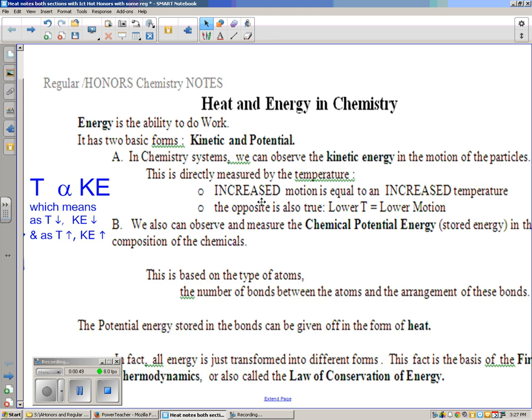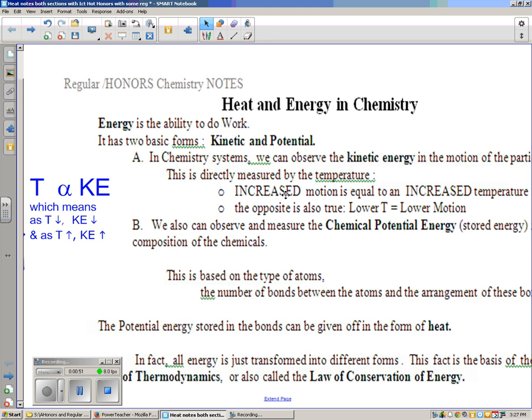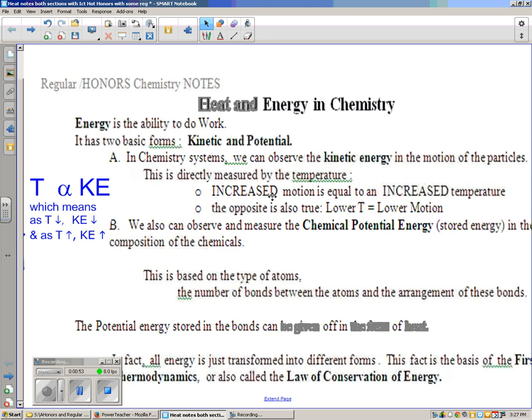How much motion molecules have is a reflection of its kinetic energy, and that is directly measured by the temperature of the particles, and that temperature is directly proportional to the kinetic energy of the particles.